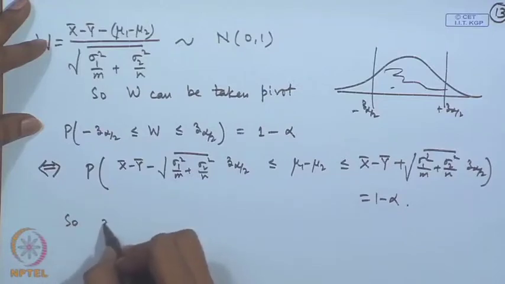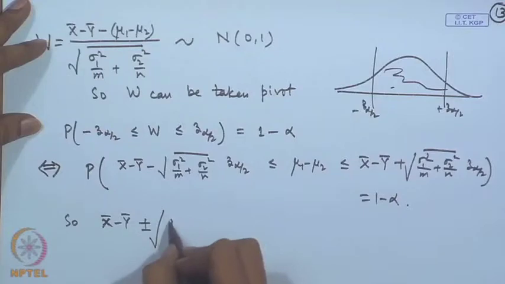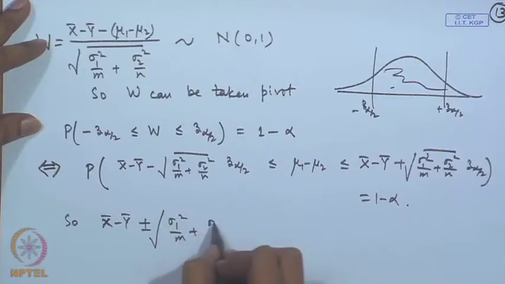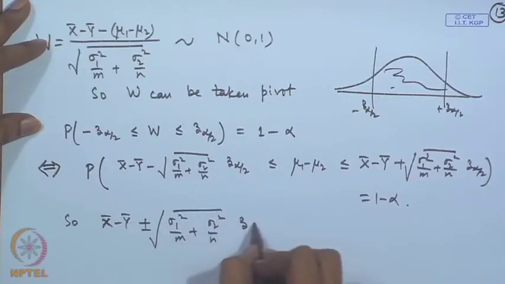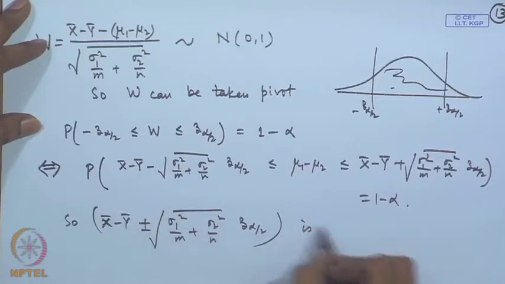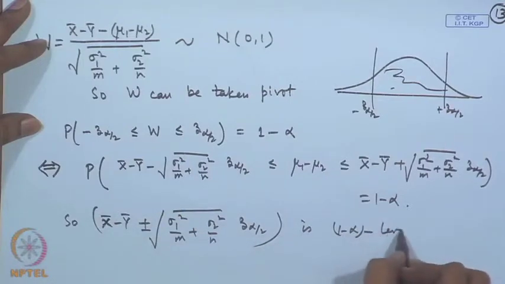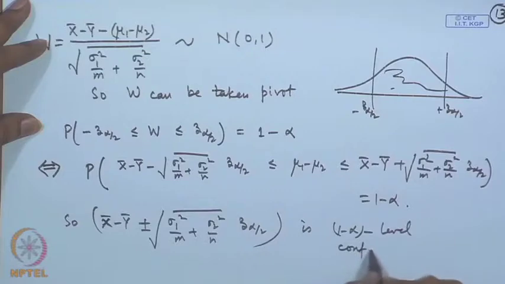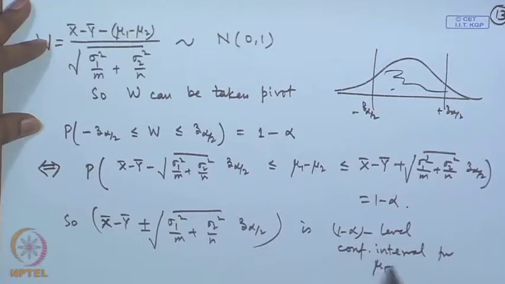So, x bar minus y bar plus or minus square root of (sigma1 square by m plus sigma2 square by n) z alpha by 2 is the 1 minus alpha level confidence interval for mu1 minus mu2.